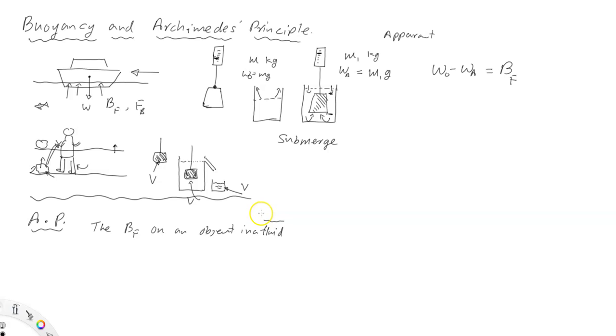It's not just a liquid. It can be a gas also. So we can talk about a hot air balloon in the atmosphere. Atmosphere is the fluid. Hot air balloon is the object, right? So it doesn't need to be a liquid all the time.